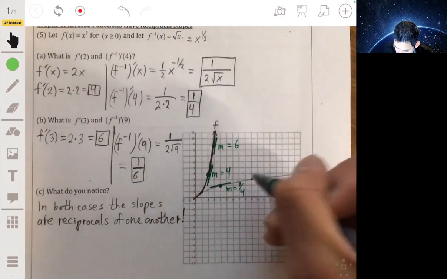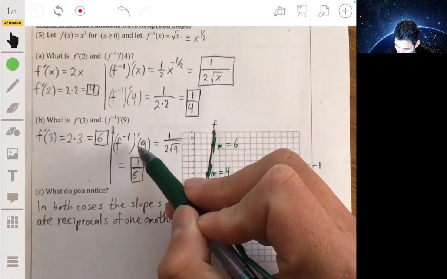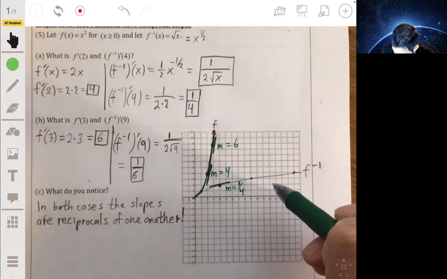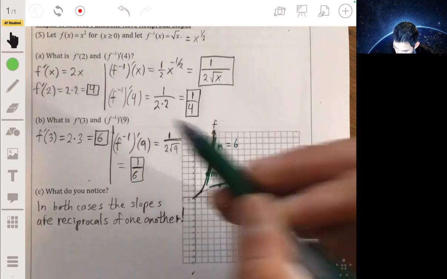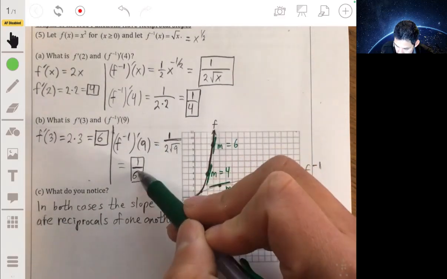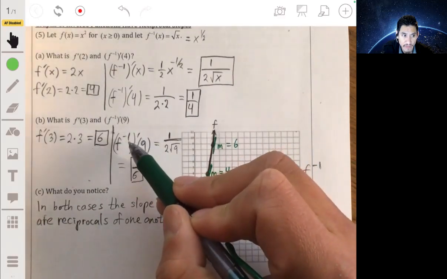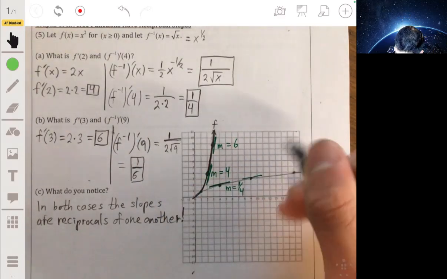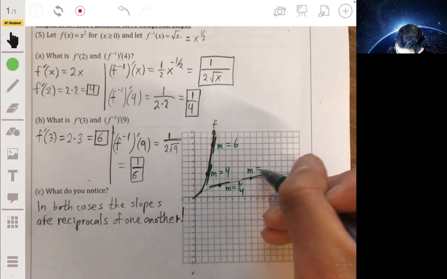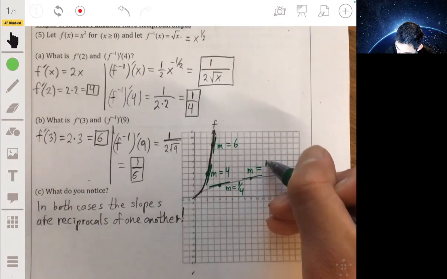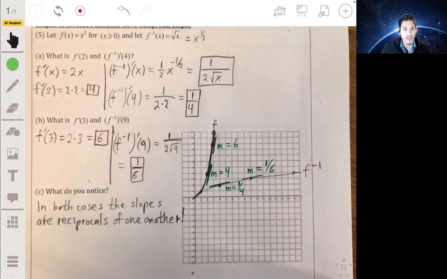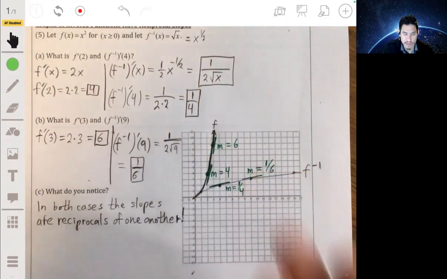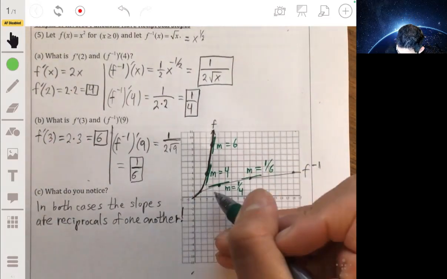And the slope of the tangent line at this point here is 1/6, because the derivative of f inverse at 9 is 1/6. So this tangent line right here has a slope of 1/6. So you can see the reciprocals of the slopes.